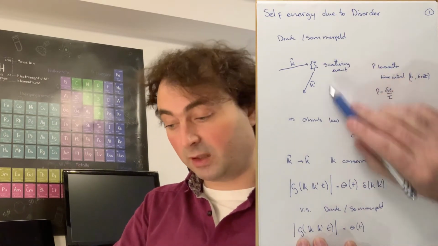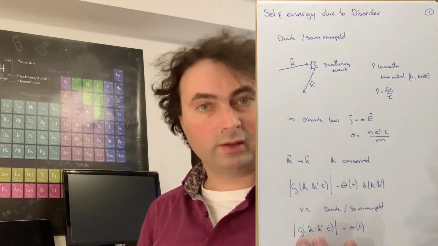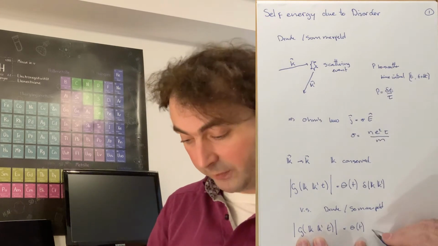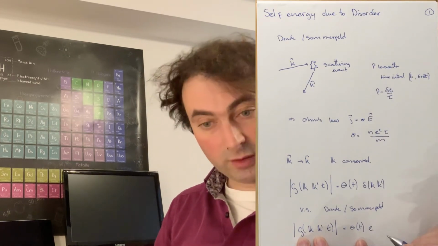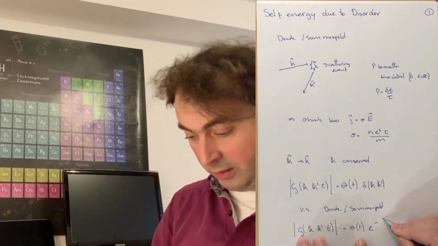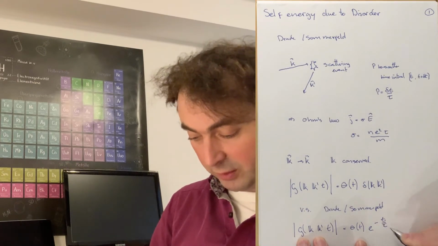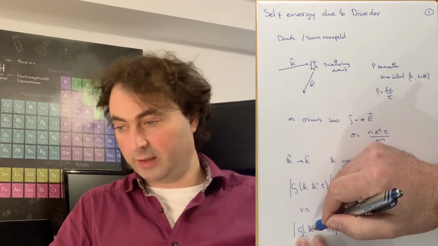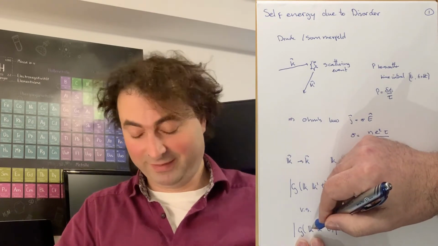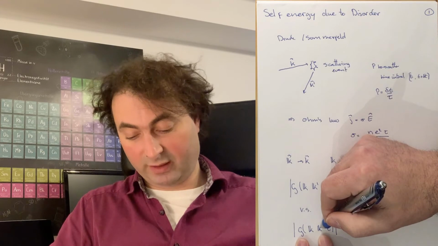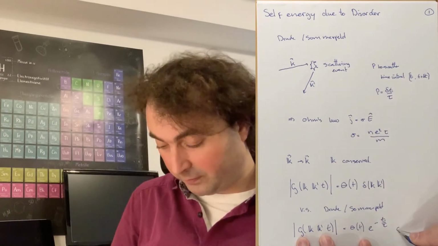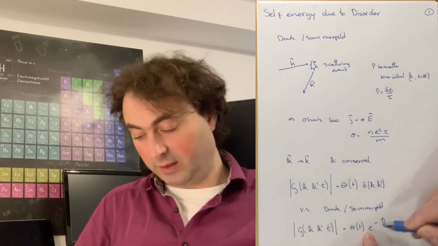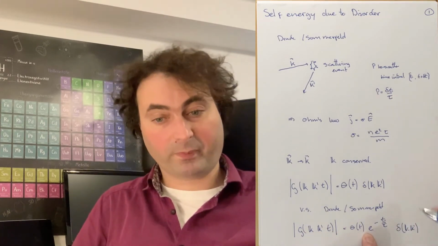But as we have these scattering events, and we know that there is a probability to scatter such that you go from one wave vector to the other, this probability is no longer conserved, and the expectation value to be able to annihilate an electron with wave vector k after you've created it with wave vector k decays with e to the minus t over tau.